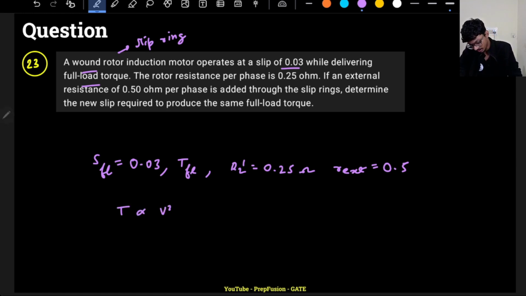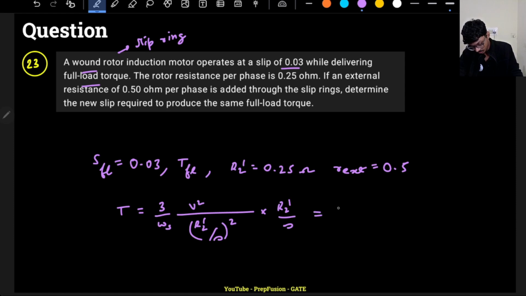In the low slip region, I know my torque is proportional to V squared into s. Remember here the rotor resistance is also changing, so I have to write down the expression. What is the full expression of torque? 3 by omega s into V squared divided by the whole resistance term. In the low slip region, the denominator is dominated by the R2 divided by s term, so it will be squared of R2 divided by s.